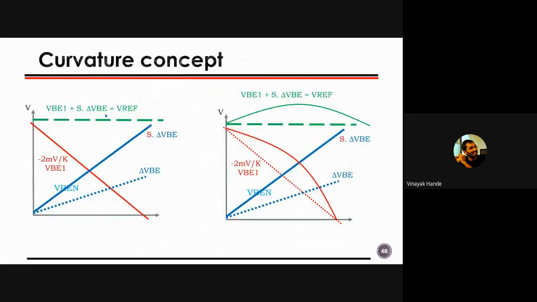Yeah, curvature correction. As I said before, this VB, which we are talking about, has a minus 2 millivolt per Kelvin slope, but it is not exactly true. We have some slope which is reducing with temperature.